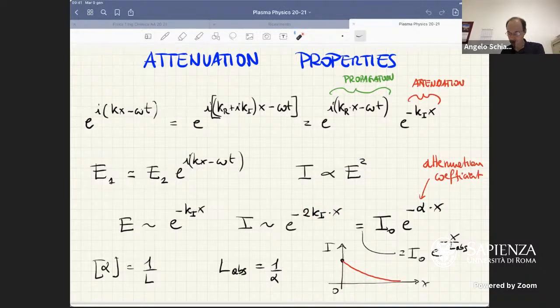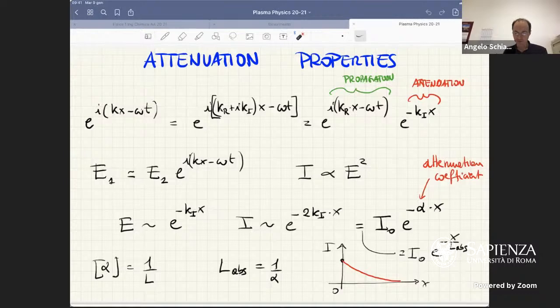Or in other terms, instead of the attenuation coefficient, which has a dimension of 1 over length, we can describe it as an exponential decay of the propagation coordinate divided by a characteristic absorption length. So we say that the wave is attenuated, and where does the intensity of the wave go? This intensity goes into bulk energy of the plasma. We call this absorption length, or attenuation length, just the same for our purposes.